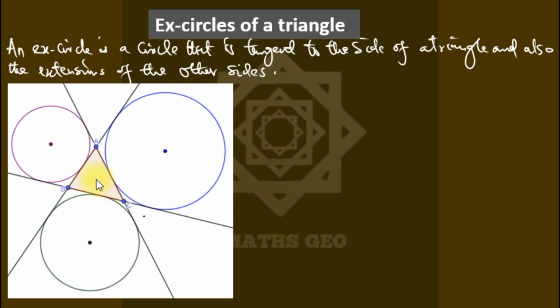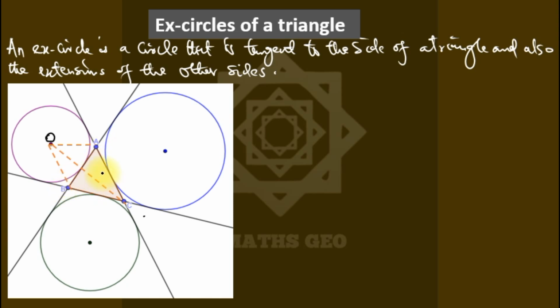Get the area of this triangle in terms of the radius of the circle, because I'm using the smallest circle. So let me add some auxiliary lines. If we want to get the area of this ABC, you add the area of triangle OBC and that of OAC, and subtract OBA.